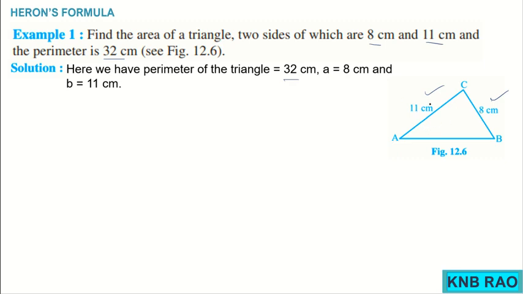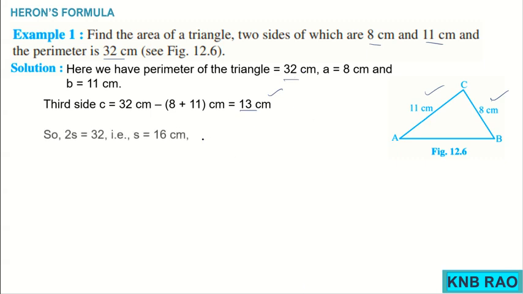Here 8 plus 11 is 19, 32 minus 19 gives us the third side, 13 centimeter. Now with the help of the perimeter I can find the semi-perimeter. Perimeter equals 32, that is twice s equals 32, and s equals 32 by 2, which is 16 centimeter, the semi-perimeter.